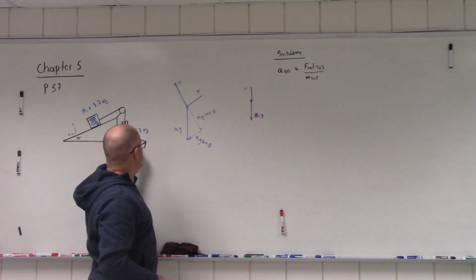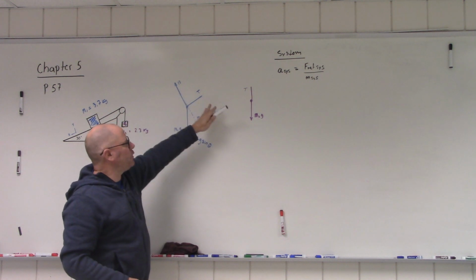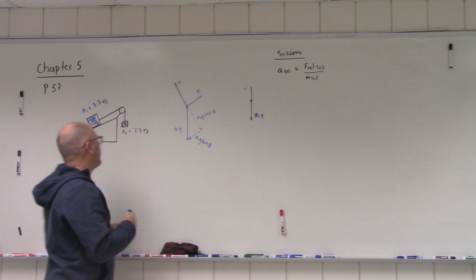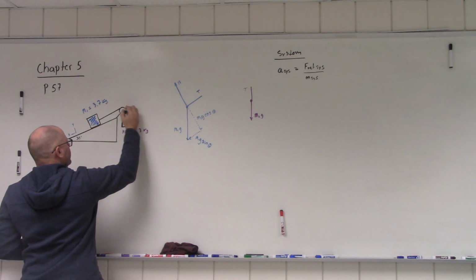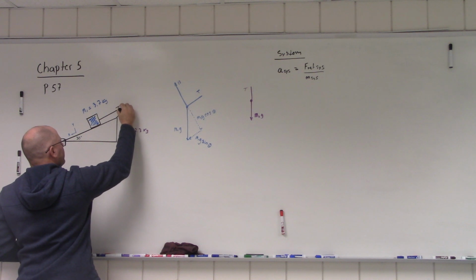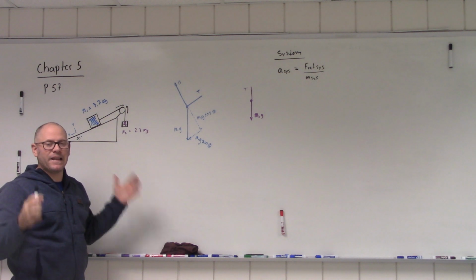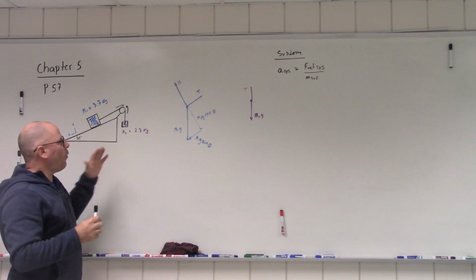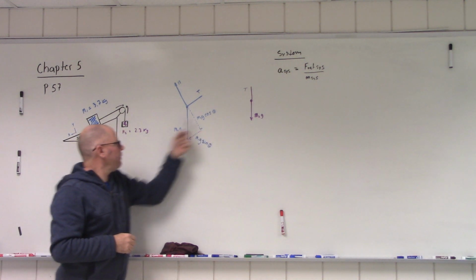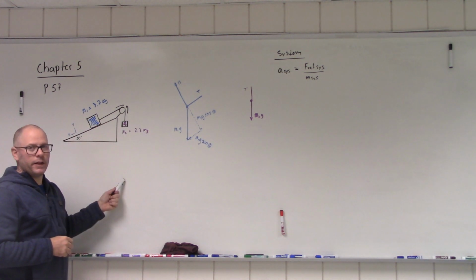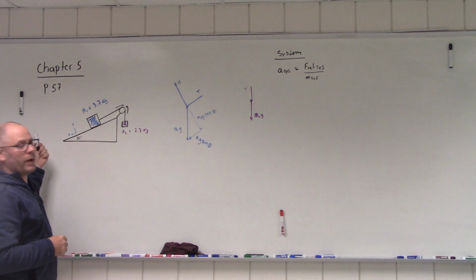And the thing that's making this one accelerate up or down are the tension and the m2g. But the thing about the two tensions is it's just one string. So this tension is in this direction, this tension is in this direction. And so the two tensions always cancel themselves out in the system. So what that leaves us with is a battle between the m2g, which is trying to make the whole thing accelerate this way, and the m1g sine theta, which is trying to make it accelerate this way.